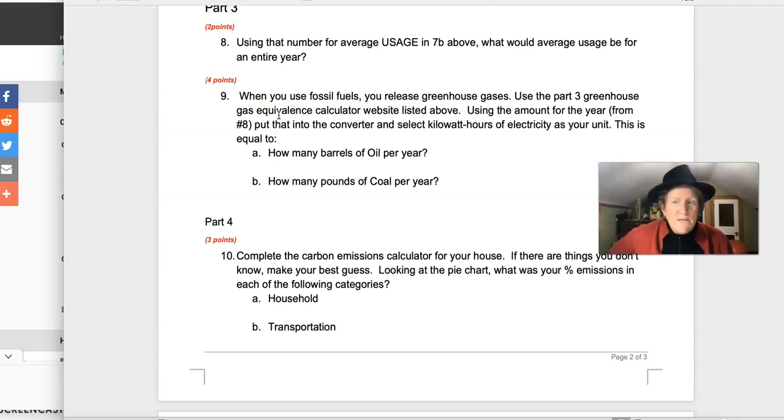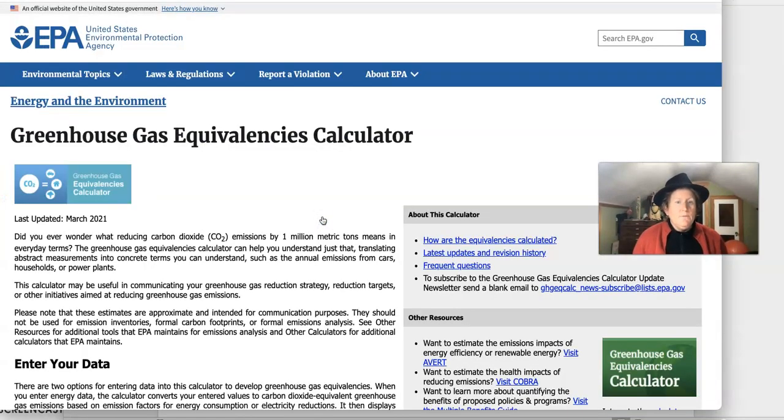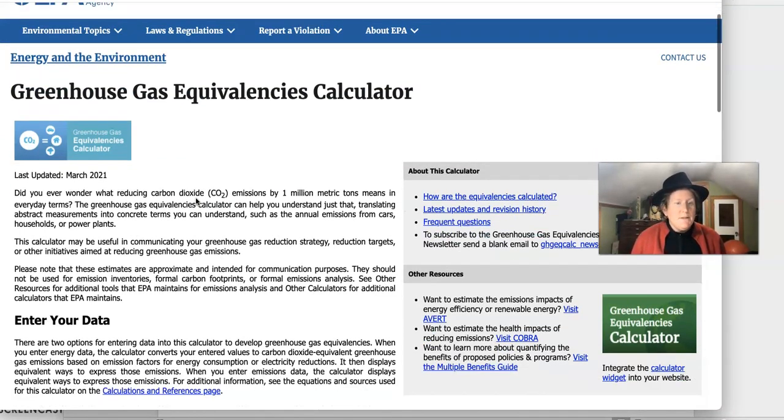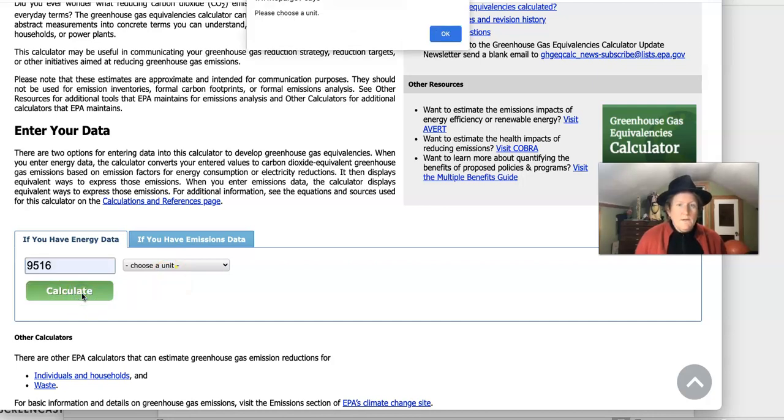So if we use, say, 9,000 kilowatt hours per year, what does that mean in terms of how many barrels of oil we'd have to burn to get that energy, or how many pounds of coal? Let's go see how to figure that out. If we go to the EPA Greenhouse Gas Equivalencies Calculator, this is the Part 3 website listed at the top of the lab sheet. We can enter the data. We can calculate, oh, that's kilowatt hours per month, or kilowatt hours.